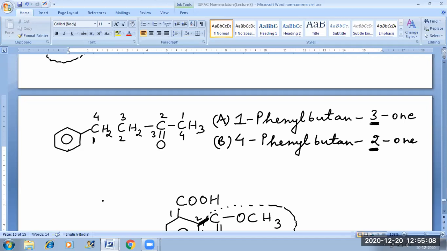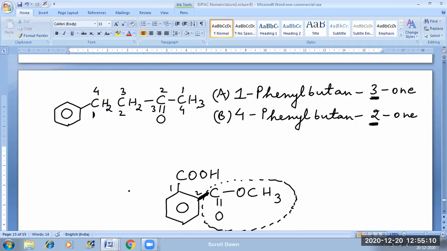Principal functional group should get the lowest possible number. तो अब कौन सा करेक्ट होगा? बी इज करेक्ट ना, 2 मिला है कीटोन को, प्रिंसिपल फंक्शनल ग्रुप है वो, और यहाँ पे 3 मिला है कीटोन को, तो ए इज रॉन्ग.